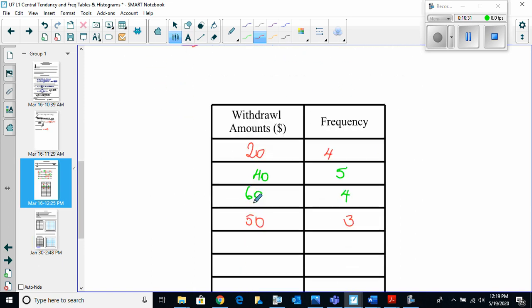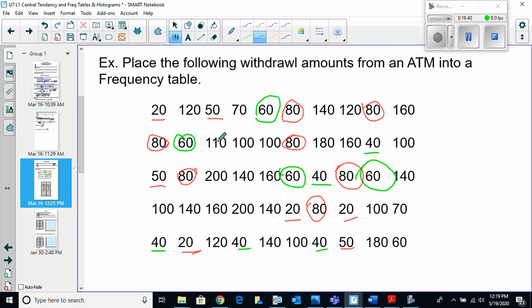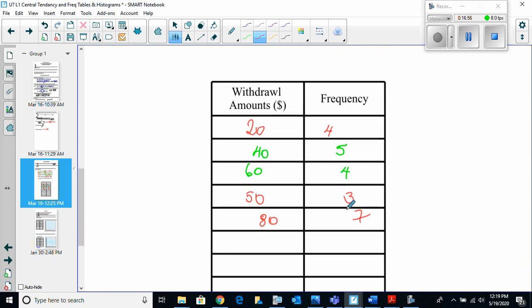So 80 is 7 times. And then it should be 100. So 100, 2, 3, 4, and 5. Okay, so 100 is 5 times.